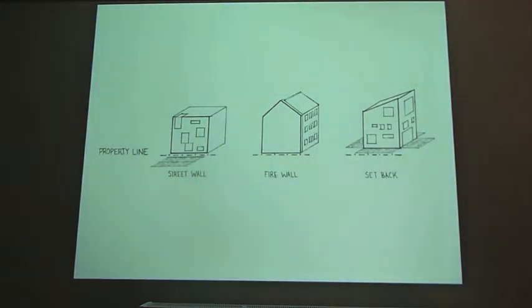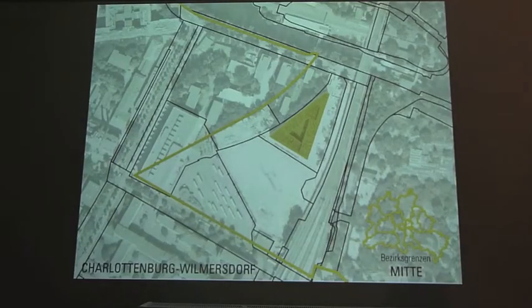And these are largely invisible lines that support a socio-political framework of ownership and urban policies that in some cases require setbacks within the property lines and can be pretty complex when they're affected by political boundaries like borough divisions. I don't think that the architect necessarily wanted to build a triangular building here between Charlottenburg and Mitte.